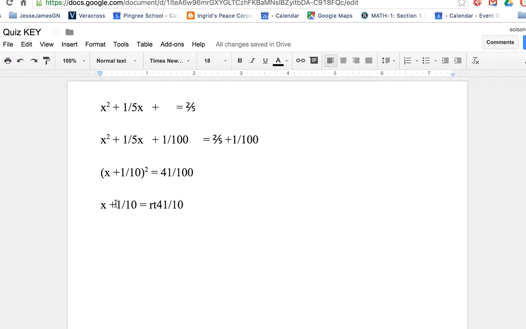I subtract that from both sides, so x equals minus 1/10 plus or minus root 41 over 10. To type in the answer, it's minus 1 plus or minus root 41 over 10.